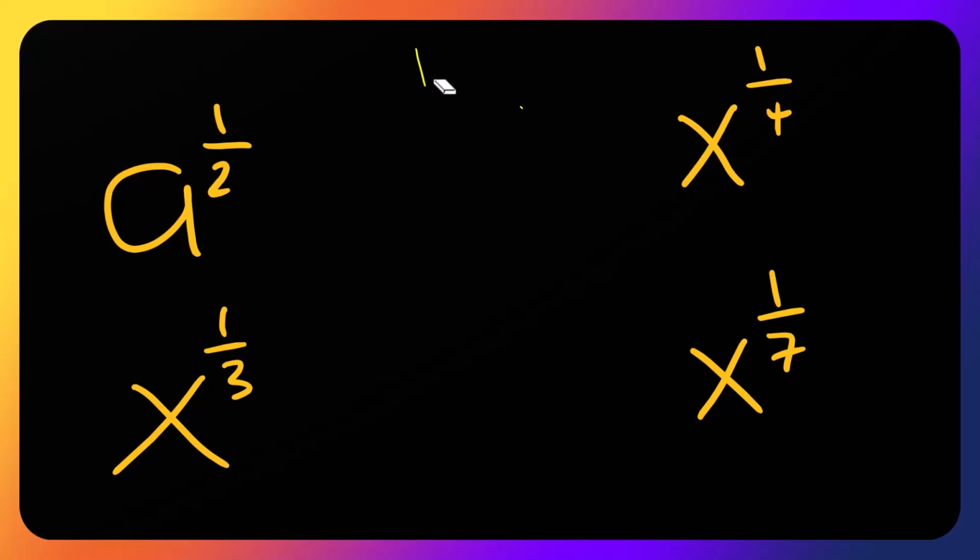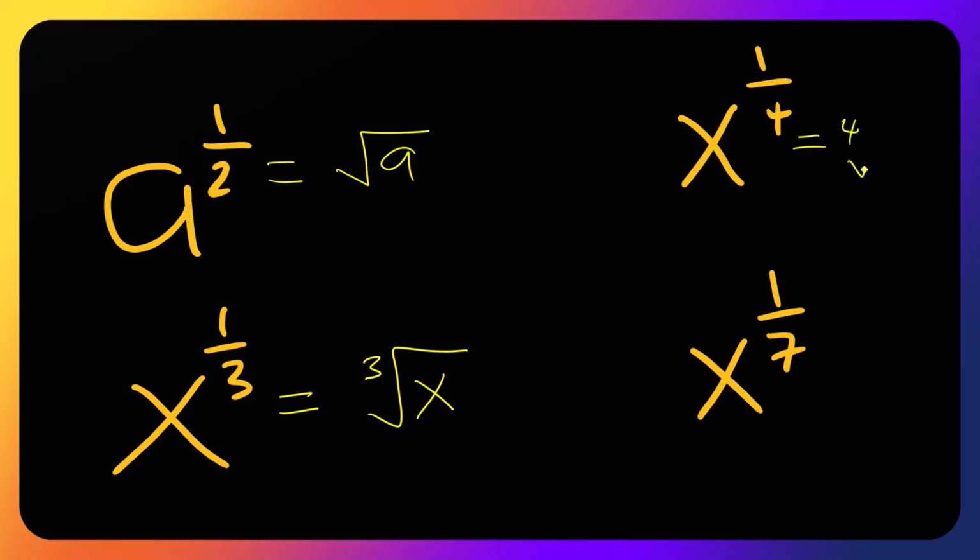Let's start with a exponent half. A exponent half means square root of a. Now a exponent 1 over 3 will be the cube root of a. x exponent 1 over 4 will be the 4th root of x, and x exponent 1 over 7 will be the 7th root of x.